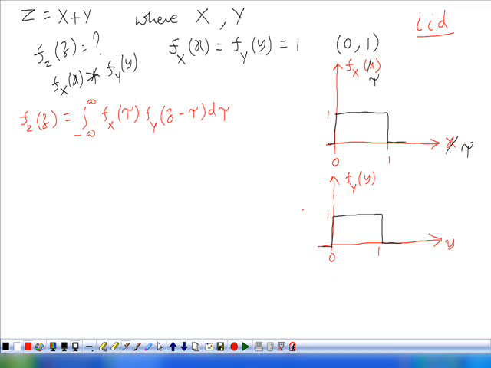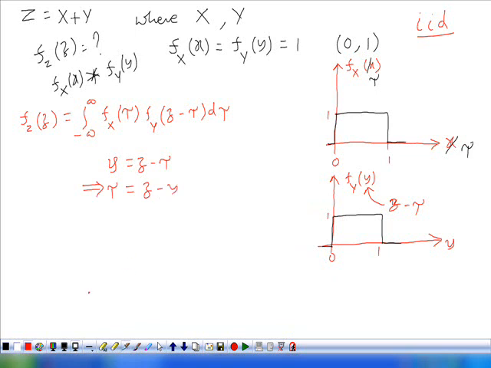How can you obtain it? Here replace y with z minus tau. Let y be equivalent to z minus tau. So from this, tau is equivalent to z minus 1. Understood?